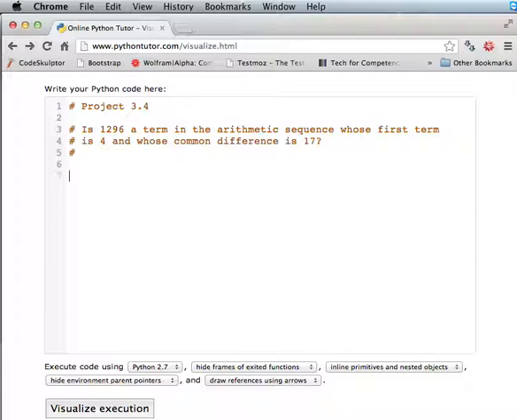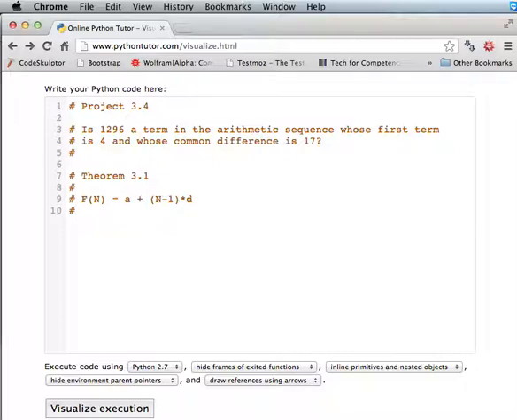On page 62, we're given Theorem 3.1, which basically says if the first term of our arithmetic sequence is A and the common difference is D, then the closed form is f of n equals A plus n minus 1 times d. Okay, so this is what we're actually going to use to solve this.